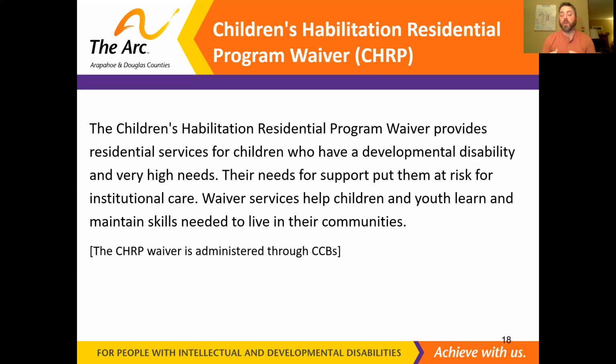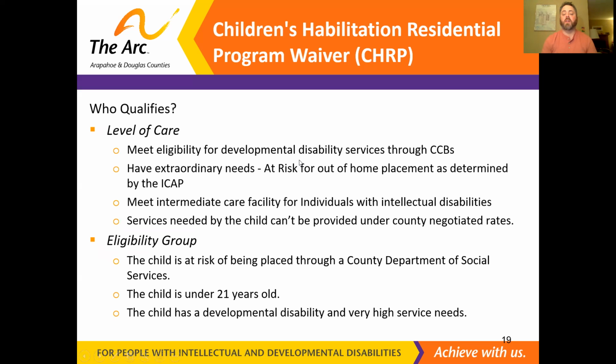CHRP is now administered by your community center board, with the county still being involved a little bit, but for the most part, your community center board takes care of it. They must meet the eligibility for disability through the CCB. They must have extraordinary needs, be at risk for out of home placement, meaning the family is really either in some chaos or in a very stressful situation.